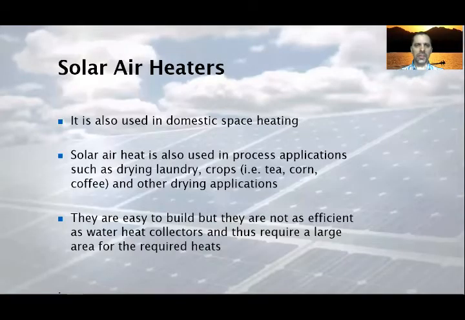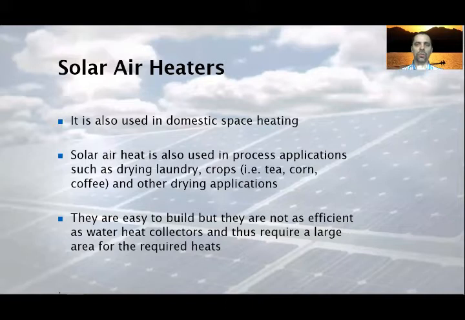Until now, we were talking about solar heating systems using some kind of fluid to transfer heat. In the next couple of minutes, we will check the systems where the solar energy warms up not fluid, but air. Solar air heaters are mostly used in domestic space heating.